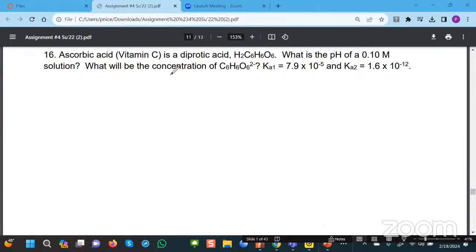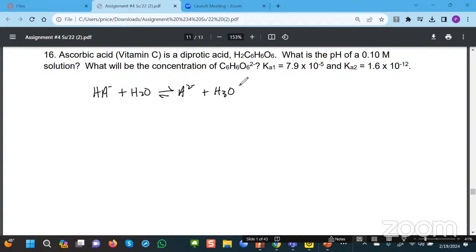Now, the next question is, what will be the concentration of the A2 minus, right? So in this case, we're focusing on HA minus reacting with water to form A2 minus plus hydronium, all right?